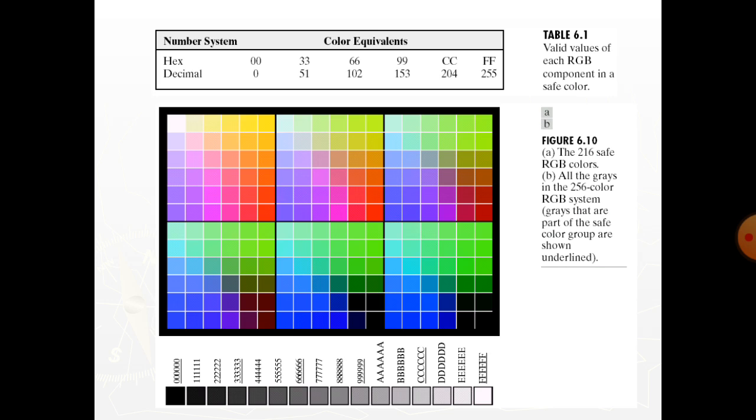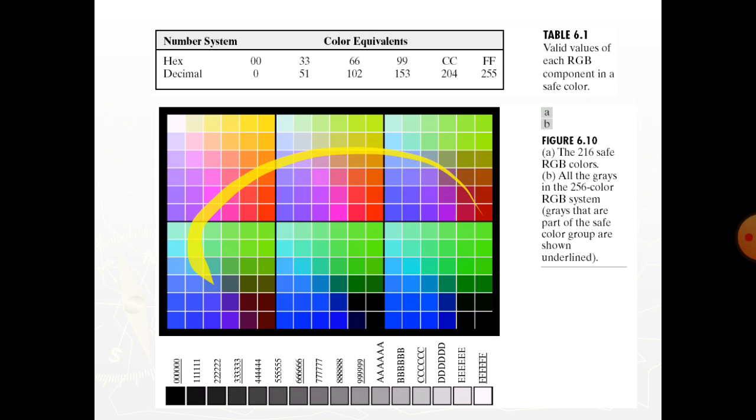For example, the purest red is FF0000. The values 000000 and FFFFFF represent black and white respectively. The same result is obtained using the more familiar decimal notation. For instance, the brightest red in decimal notation has R equal to 255, which is FF, and G and B equal to 0.